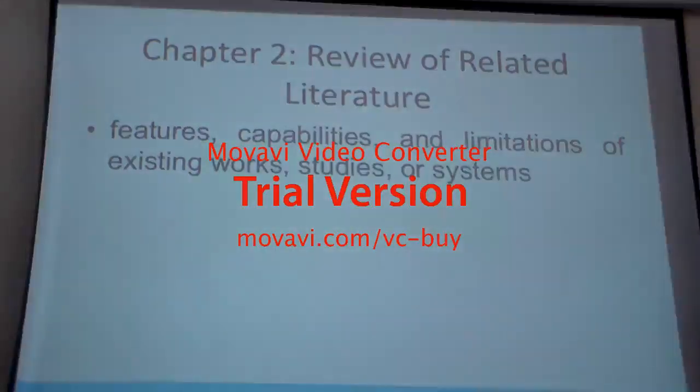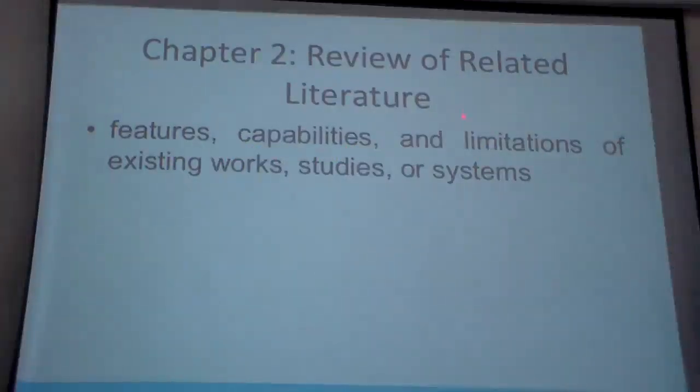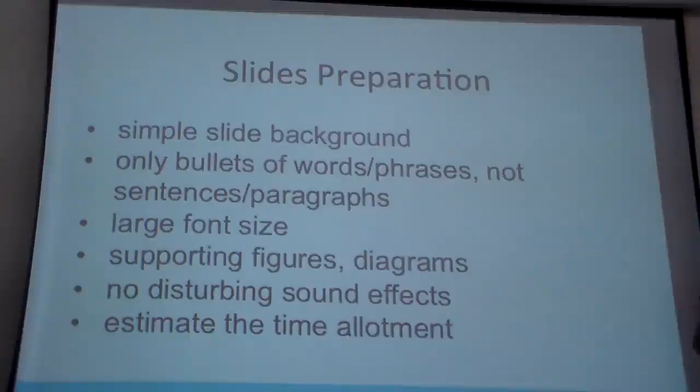Okay? So, studying the literature review is finding the features, the capabilities, as we said, and the disadvantages and limitations of the work, which are the disadvantages of existing works, existing studies, or existing systems.